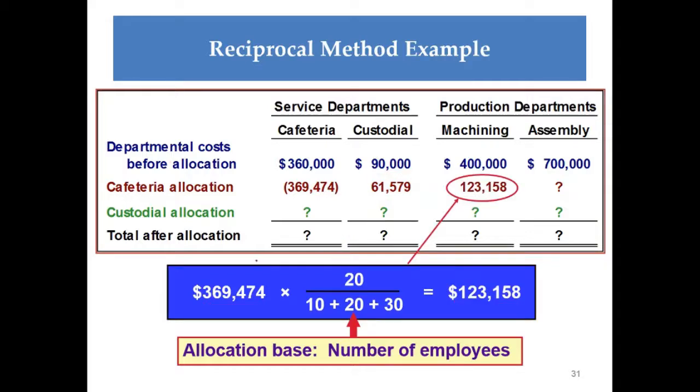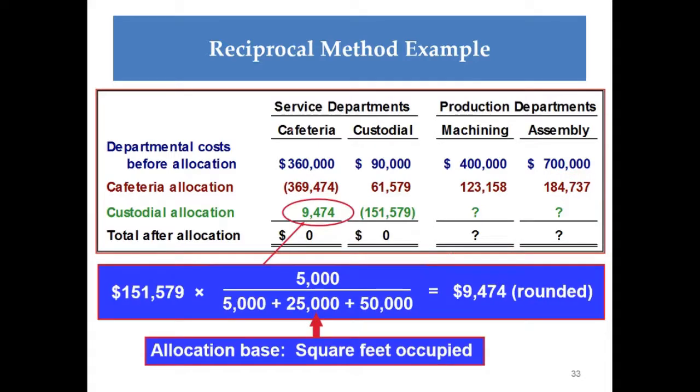Then 369,474 multiplied by 20 divided by 60, where 20 is the number of employees of machining, results in 123,158. The rest of this amount is for assembly, which is 30 divided by 60, giving 184,737.